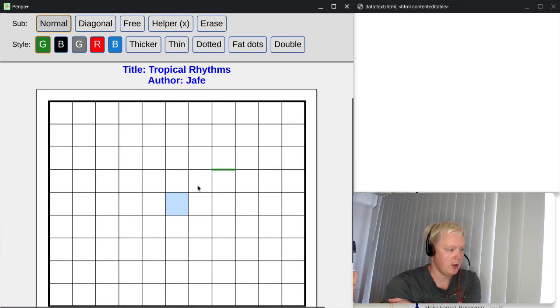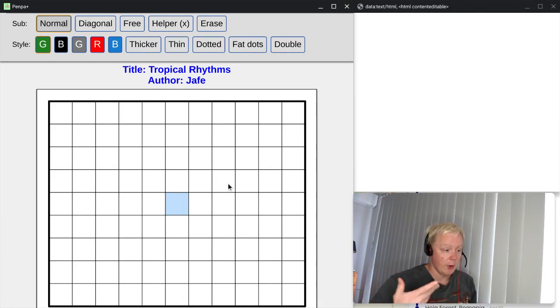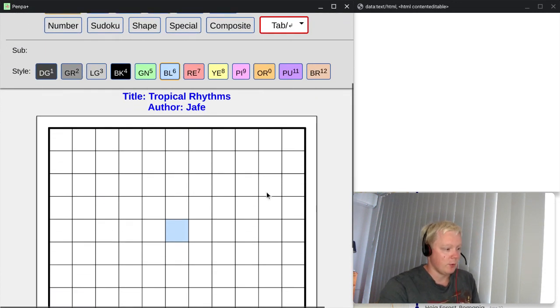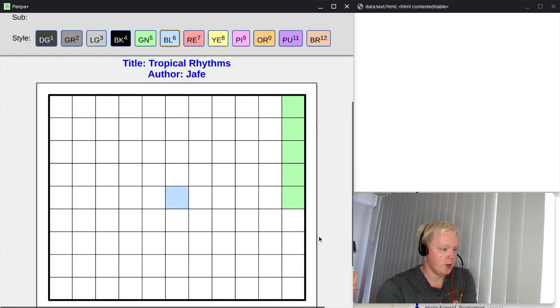If we put a line here, rotational symmetry means we have to put one here, the same distance from the center in the opposite direction. So that's the symmetry requirement. What that also means is, let's say we have a 5-letter word here.